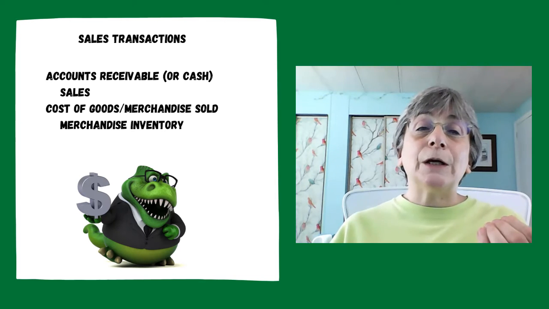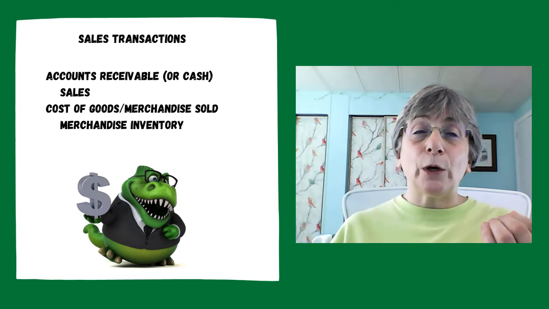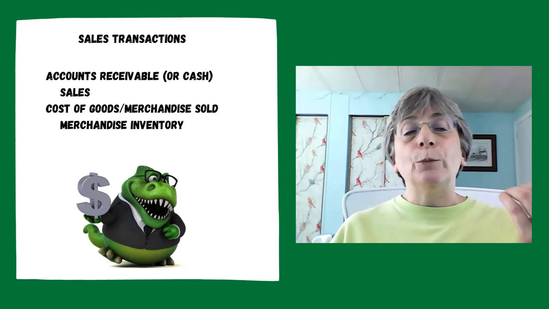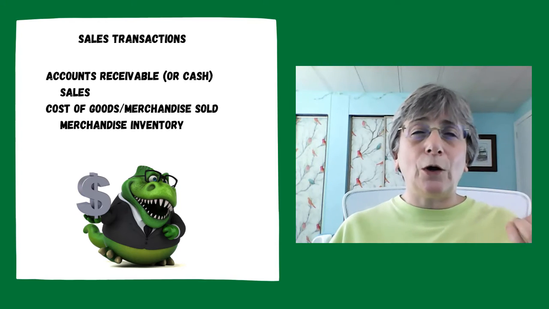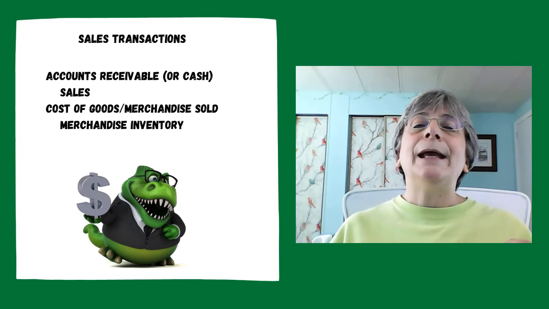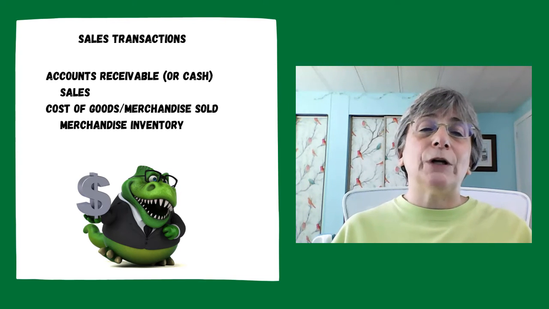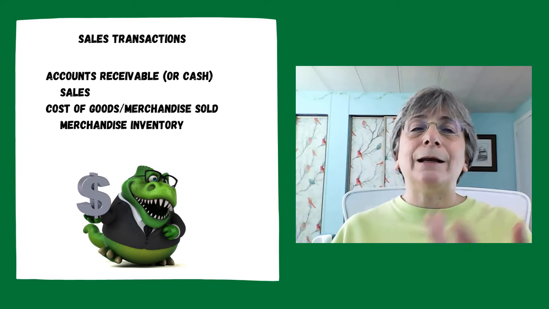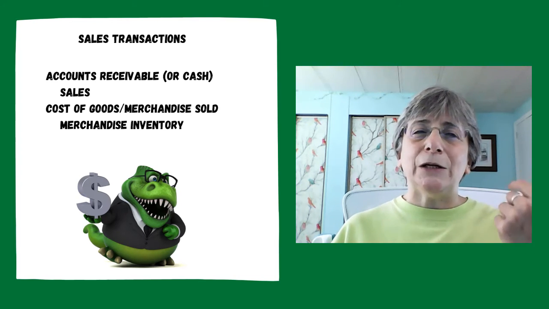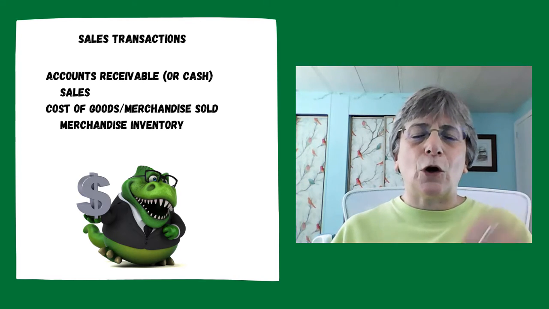The second part of that transaction will be on the inventory side: cost of goods sold or cost of merchandise sold, whichever account that company is using, and the credit side will be merchandise inventory. As we're taking it out of our inventory, we're moving it into our expense, our cost of goods.